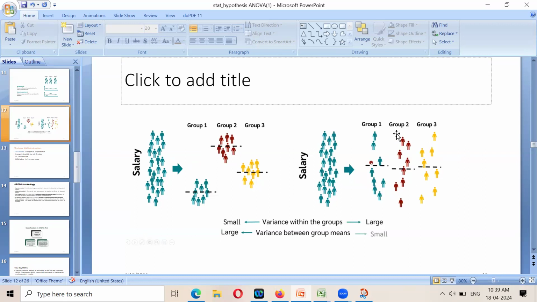But in the second figure, if the colors were not different, it would be difficult for us to identify whether they belong to different groups or the same group. So variance between the groups here is small, right? This group variability is a key point.